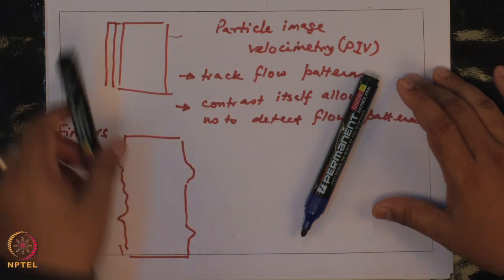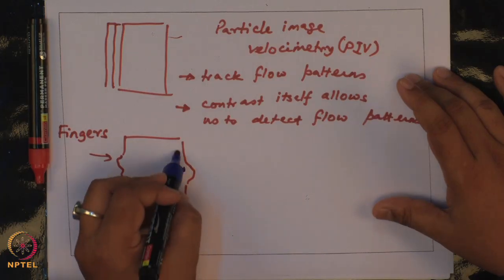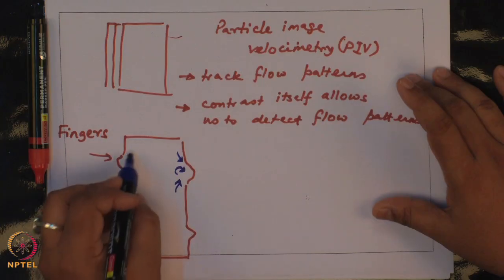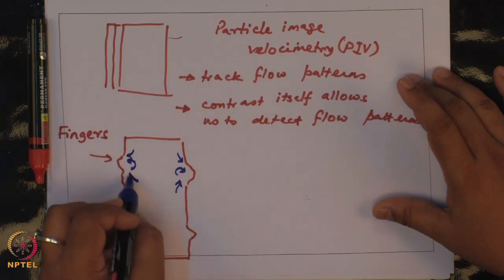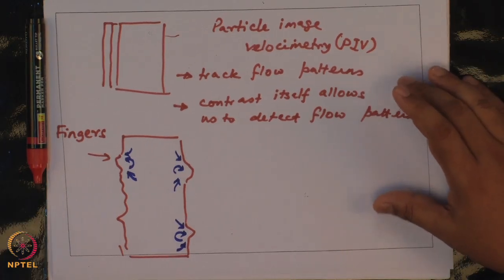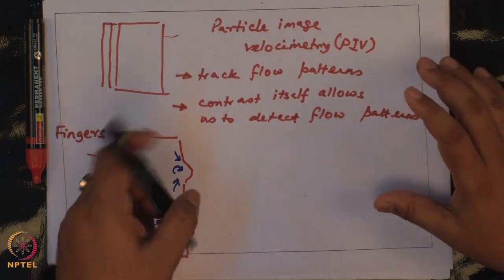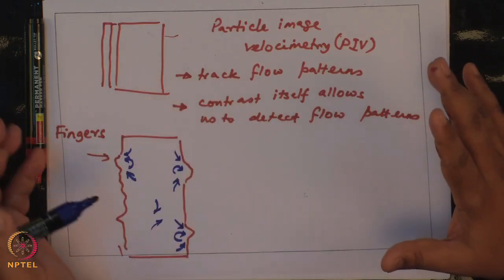Okay. And when we were looking at the flow patterns, you could see that there was flow towards the fingers. Okay, so on and so forth, and you can have various flow patterns deep inside the tissue as well.